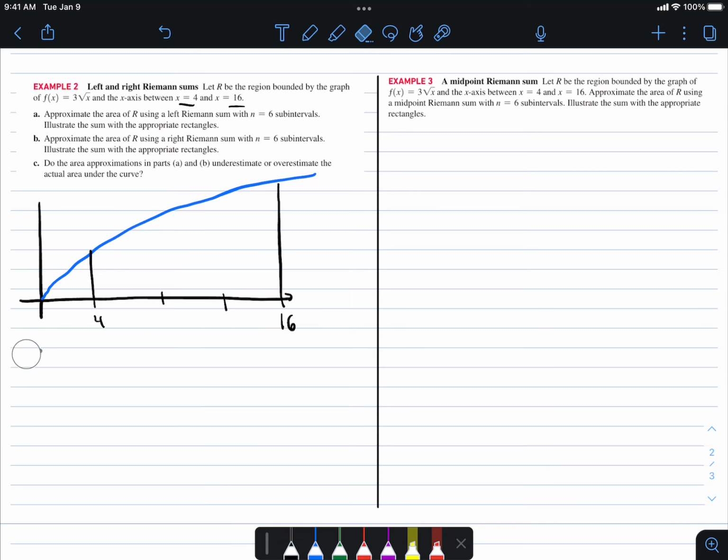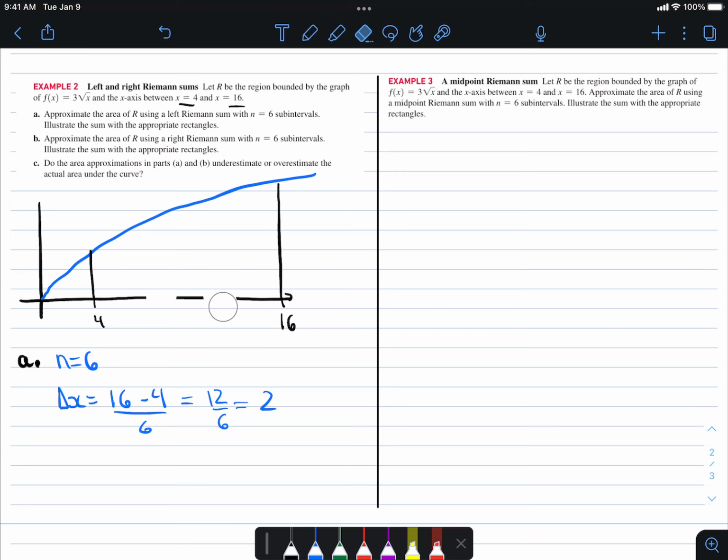So n is equal to 6. Maybe I should do that in blue, so we'll do n equals 6, and therefore delta x is 16 minus 4 over 6, so that is 12 over 6, which is 2. That means each subinterval, each rectangle, will have base 2.